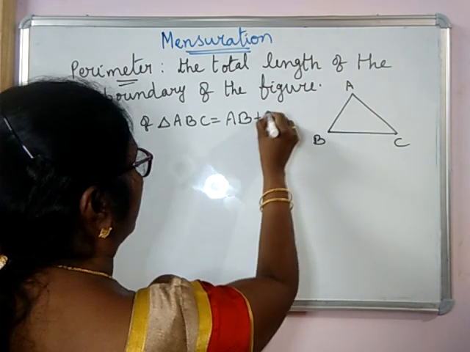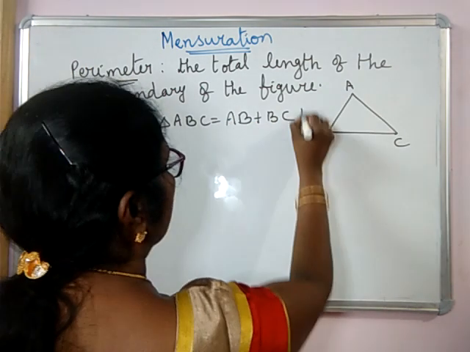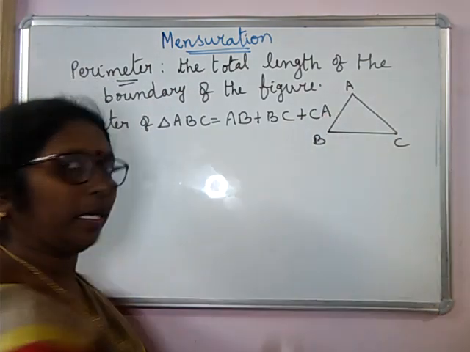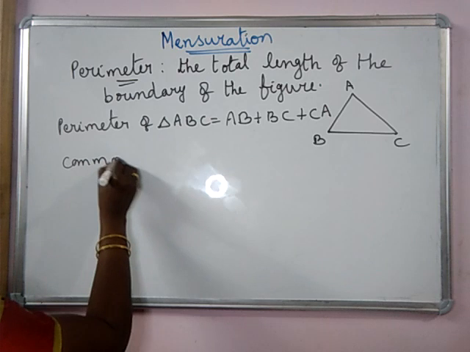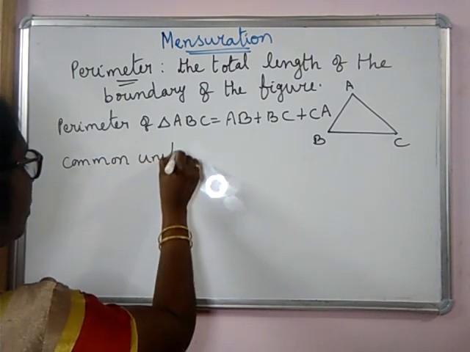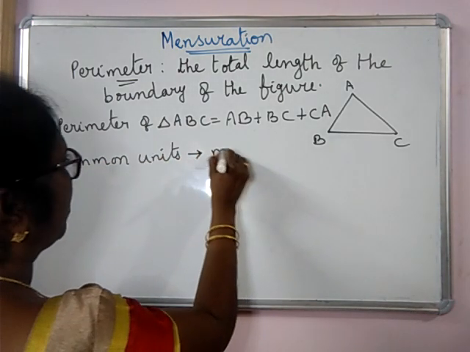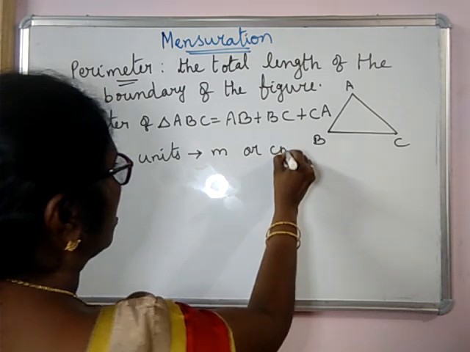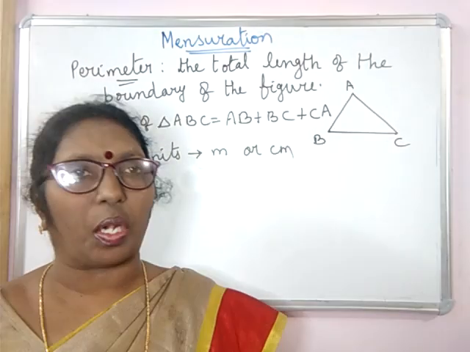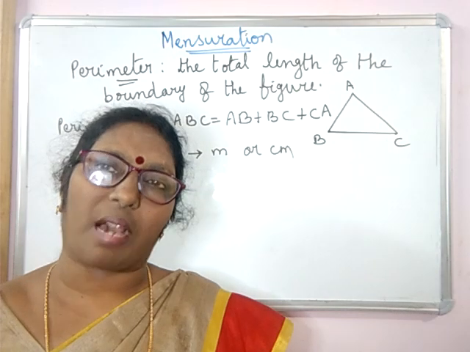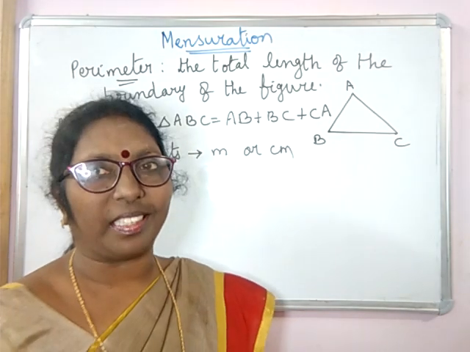That is AB plus BC plus CA. And the common units of perimeter are meter or centimeter. You can have kilometer, millimeter and all, but the common units are meter and centimeter.